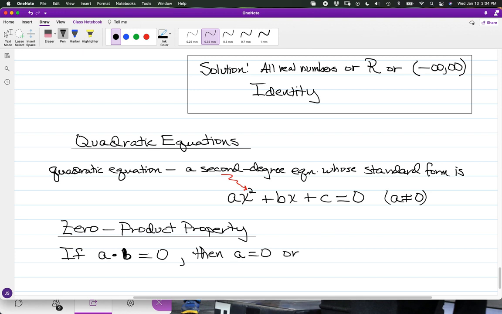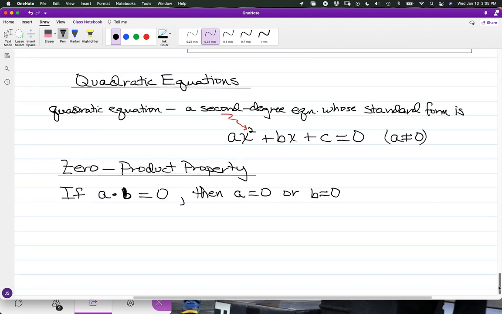So for a times b to be equal to 0, one of these must be 0. In other words, what's this got to do with the quadratic equation? We can take some examples here, solving for x.